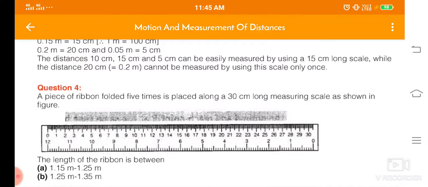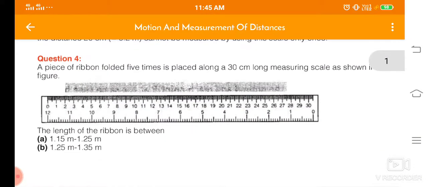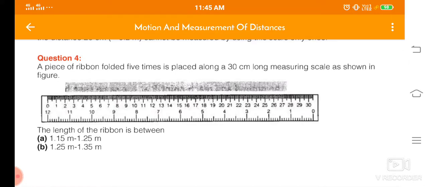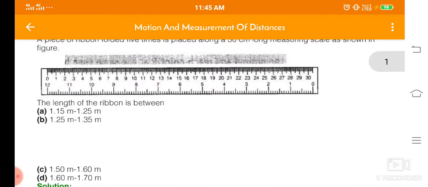The length of the ribbon is between: option A, 1.15 meter to 1.25 meter; option B, 1.25 meter to 1.35 meter; option C, 1.50 meter to 1.60 meter; option D, 1.60 meter to 1 centimeter.